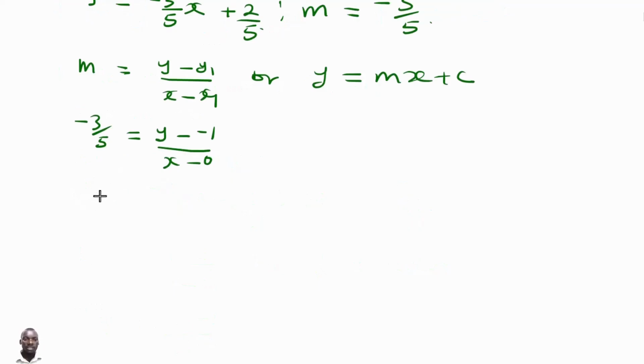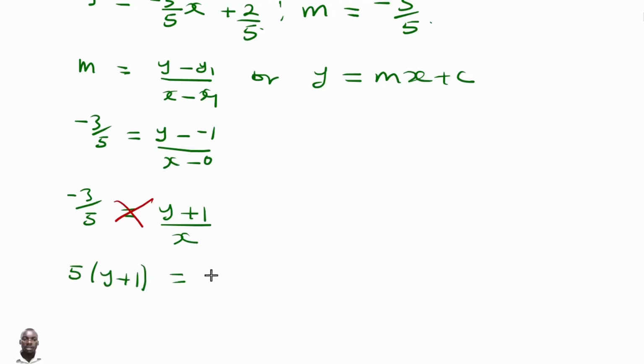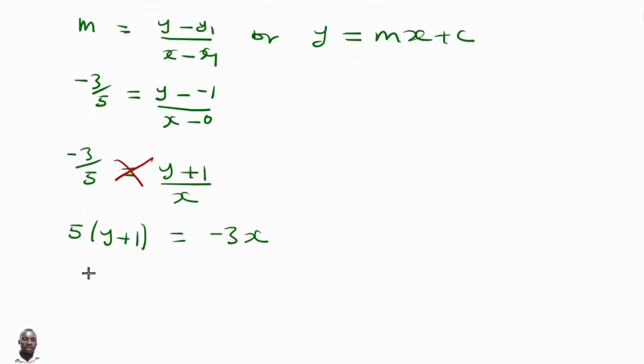What we are left with is just simplifying. So we have -3/5 being equal to (y plus 1) divided by x. We are going to cross multiply. So in here we are going to have 5 multiplying (y plus 1) equals -3x. We need to divide by 5 so that we have y plus 1 equal to -3/5 x.